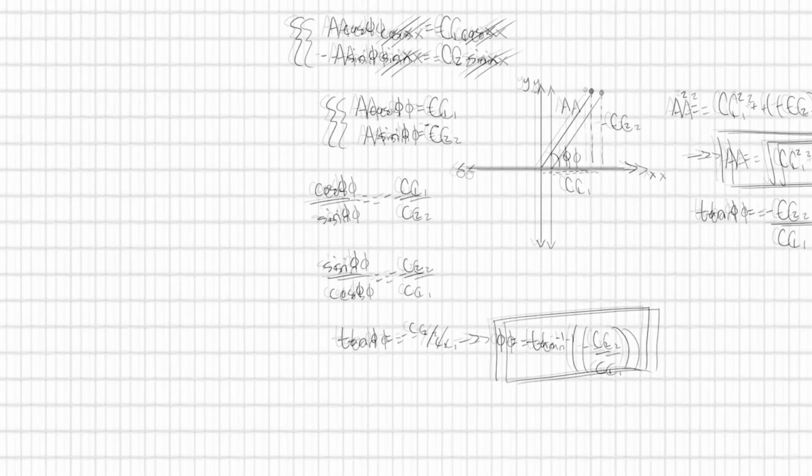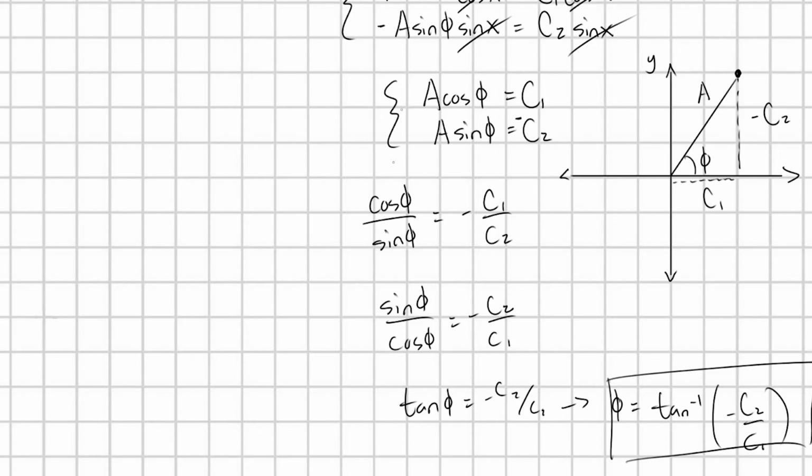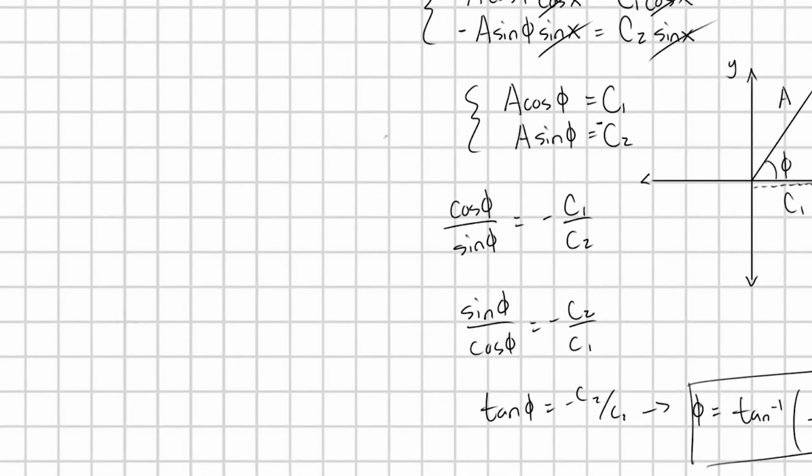And we could also very easily solve for A if we just do the following. I'm going to take this top equation here and square it, and I'll take this bottom equation here and square it as well. And then I'm going to add the two together. Where does that get us? I just get A squared cosine squared phi, right? I squared this top equation. And next I'm going to add it to the squared bottom equation, A squared sine squared phi.